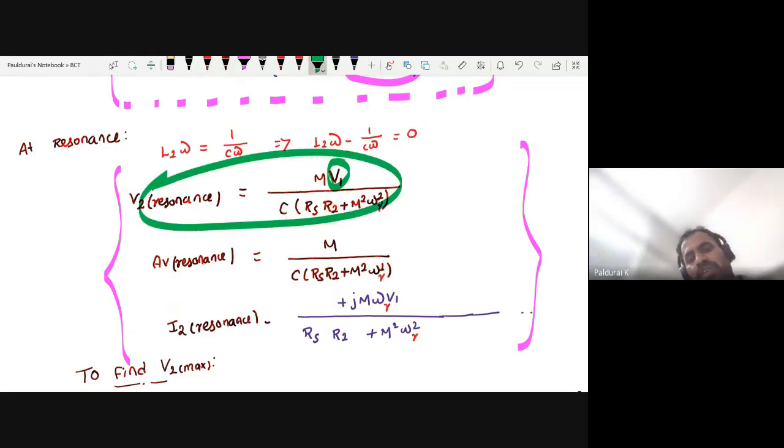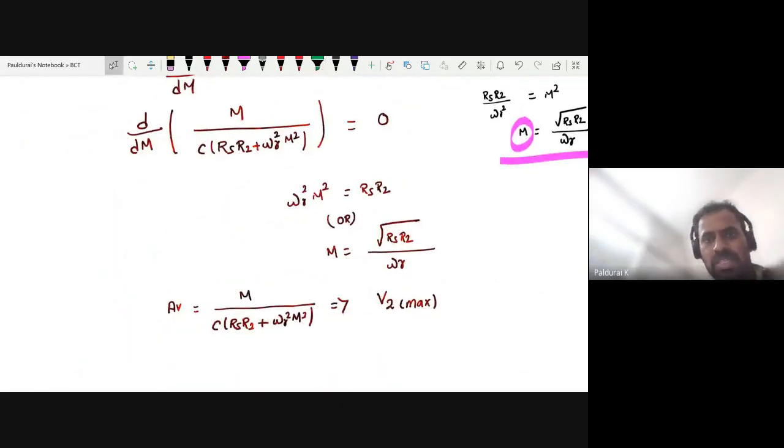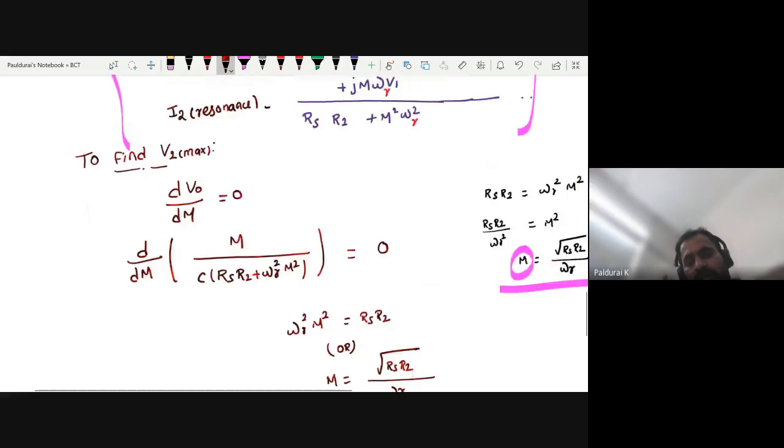So V2 equals M times V1 divided by C times Rs R2 plus omega R squared M squared.